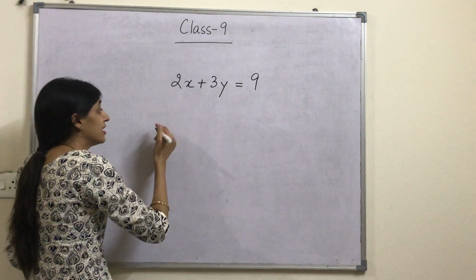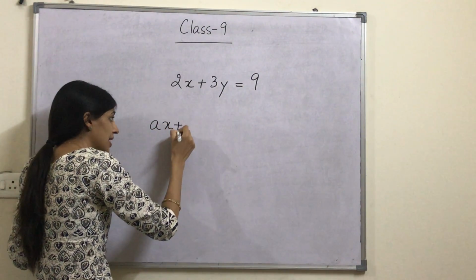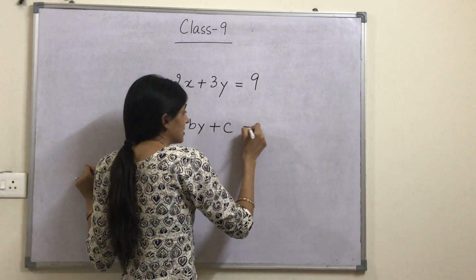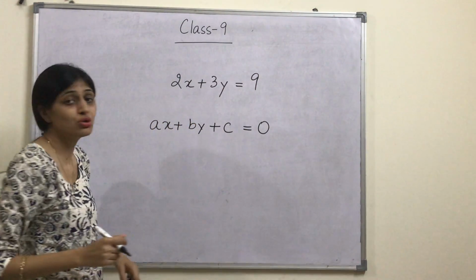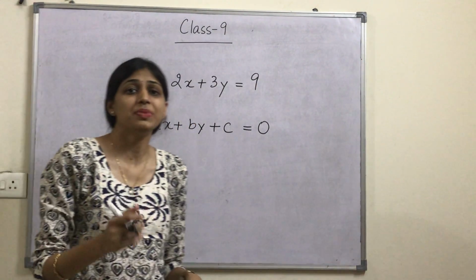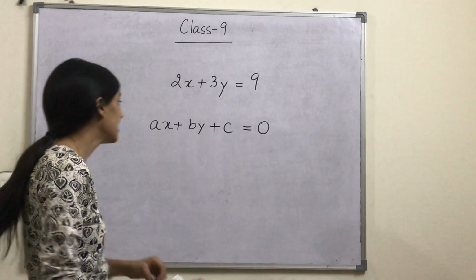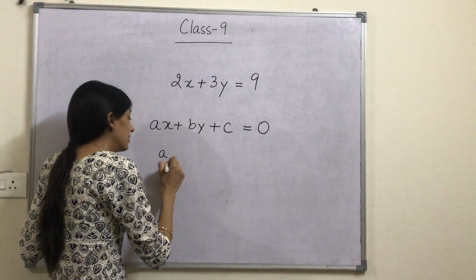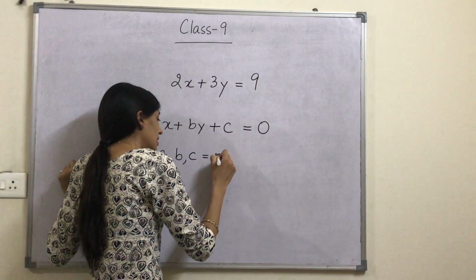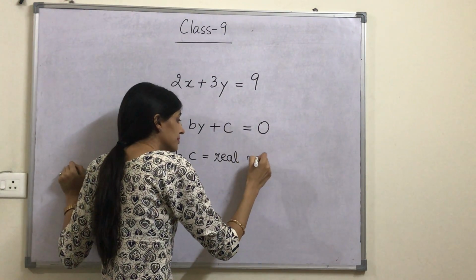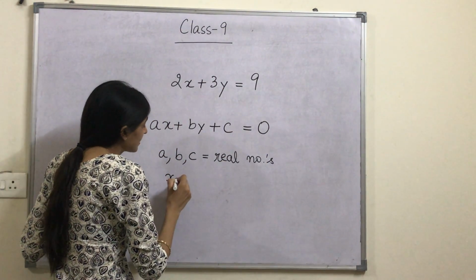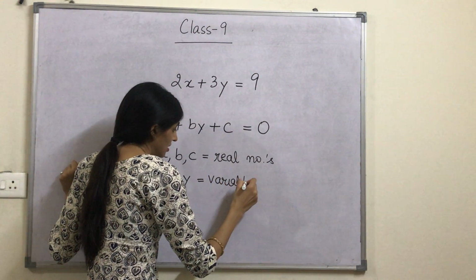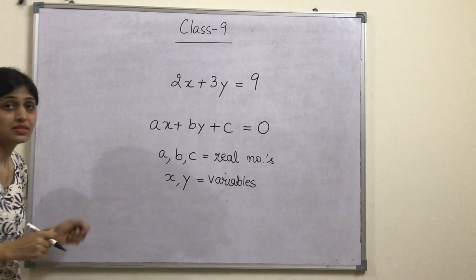General form of linear equation in two variables is ax plus by plus c equals to 0, where a, b, c are real numbers and x and y are the variables.